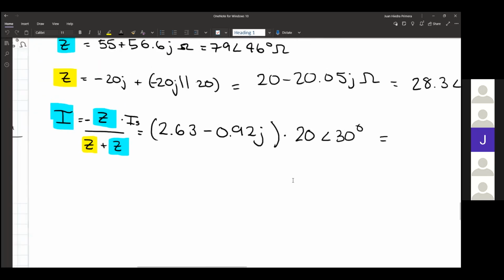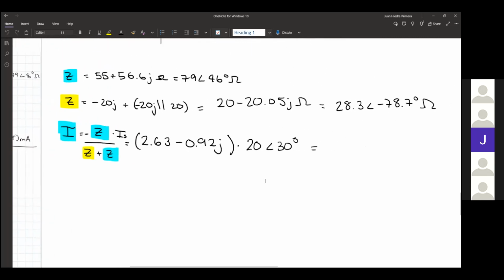That gives us a current of negative 10.11 or 0.12 minus 54.9 J milliamps. But we don't want this in rectangular. We really want this in sinusoidal.